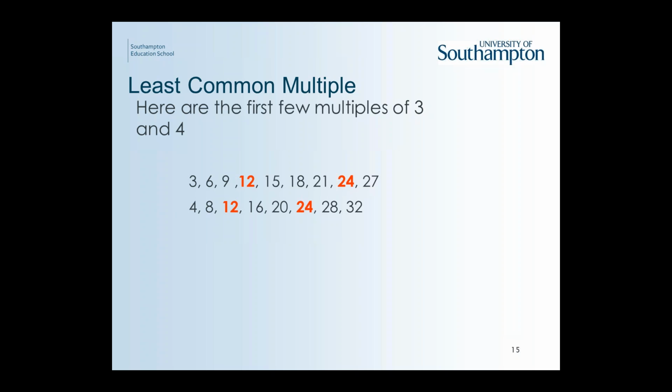The least is the smallest one of those, because if we've got 3 and 4, 3 and 4 divide into or have a common multiple of 12, 24, 36, and so on. We want the least one. We want the smallest one. So the smallest common multiple. I think there might be one thing called smallest common multiple. No, least common multiple is what it's called at the moment. So that would be 12.